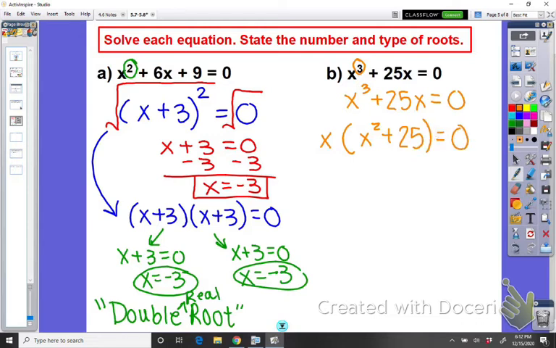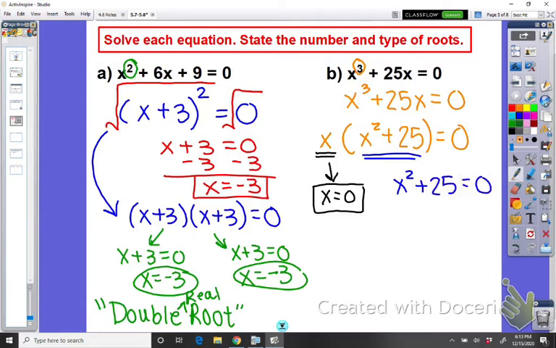And now you have to set each part equal to 0. So if I set the x part equal to 0, that's one solution. And then if you set the other part equal to 0, x squared plus 25 equals 0. Let's solve for x. So let's subtract the 25 and bring it to the other side.